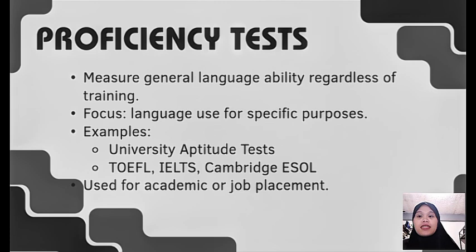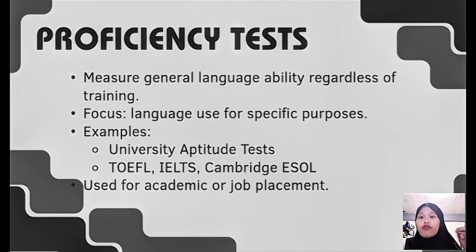So, proficiency test, minimeasure niya yung learner's overall ability in English regardless of the training they have had. According to Hughes, he described proficiency as having sufficient command of a language for a particular purpose.